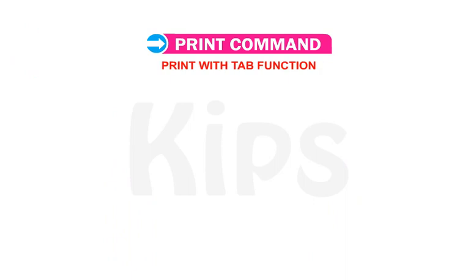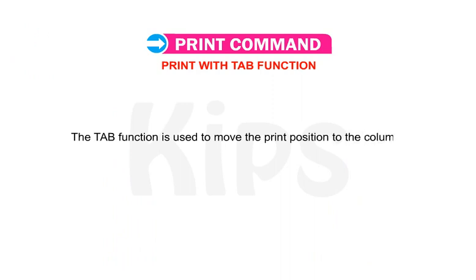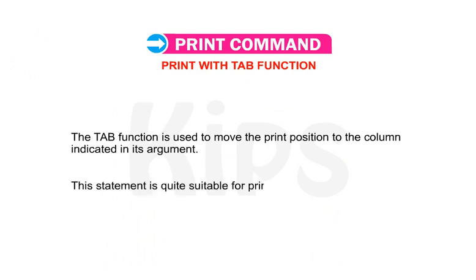PRINT with TAB function. The TAB function is used to move the print position to the column indicated in its argument. This statement is quite suitable for printing tabular type of results.